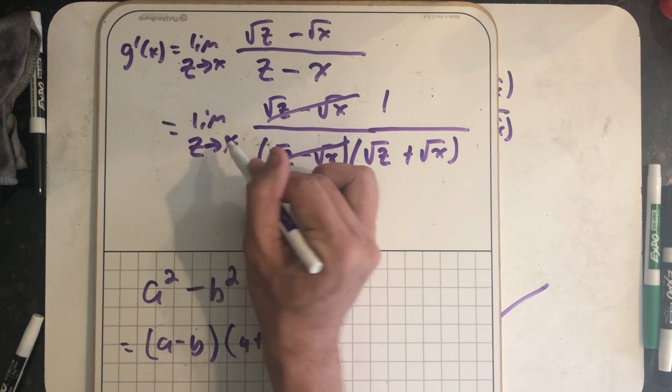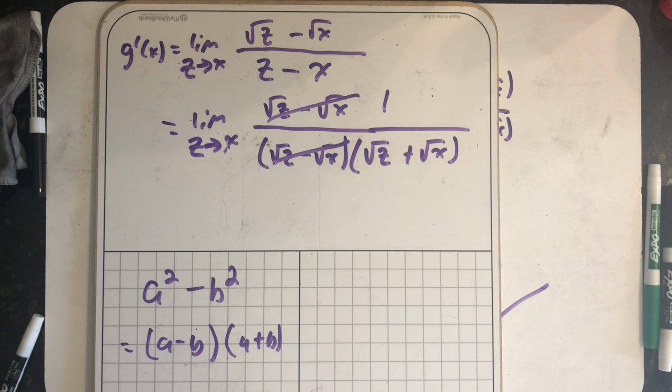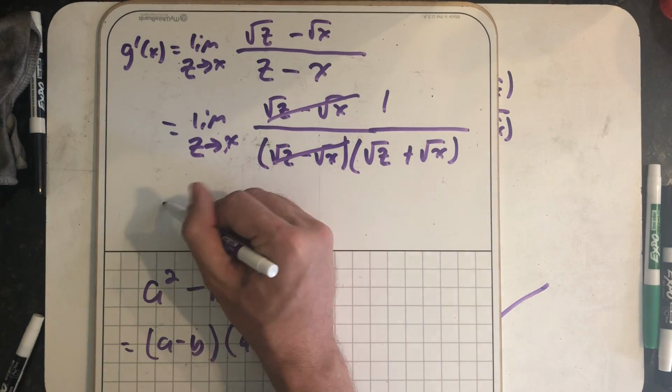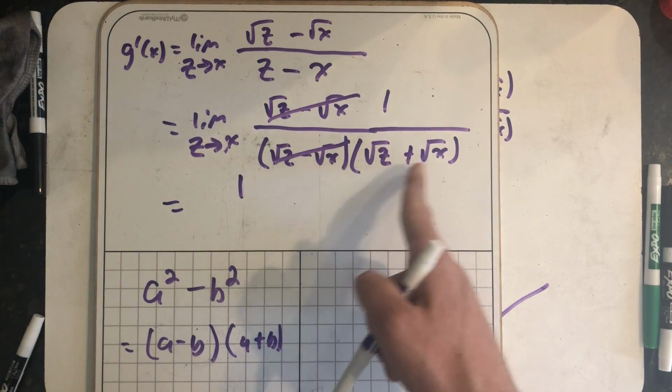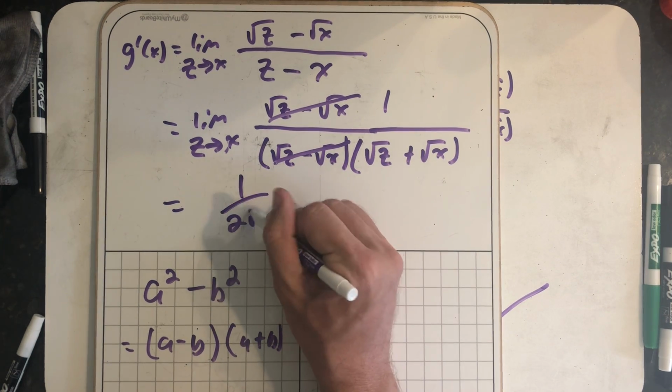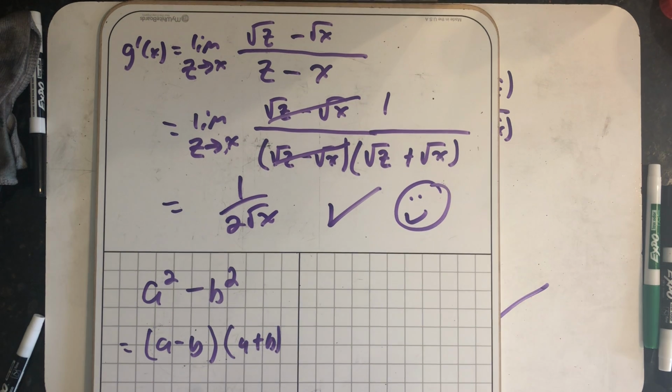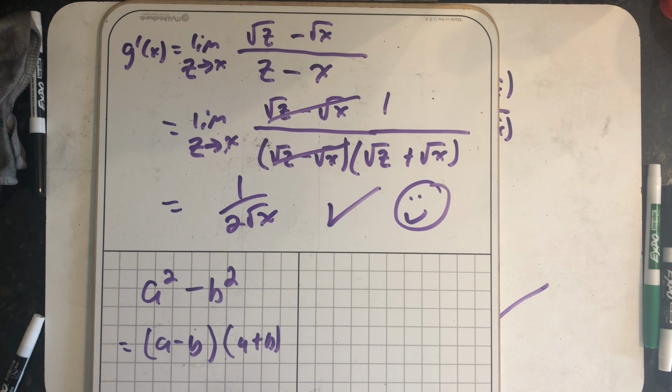Well, sometimes when I make a mistake, I reshoot the video, but I'm okay with this so far, so I'm going to keep going. And we all make mistakes, and it's perfectly okay. So z goes towards x, I end up with, well, 1 over root x plus root x is 1 over 2 root x. Same thing I got before. All right, so that is the alternate definition of the derivative.